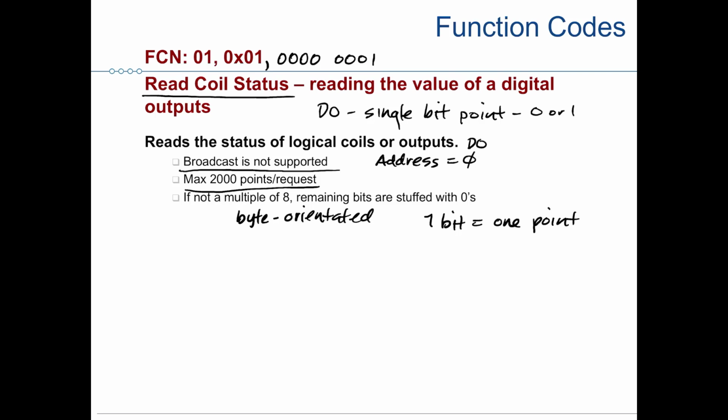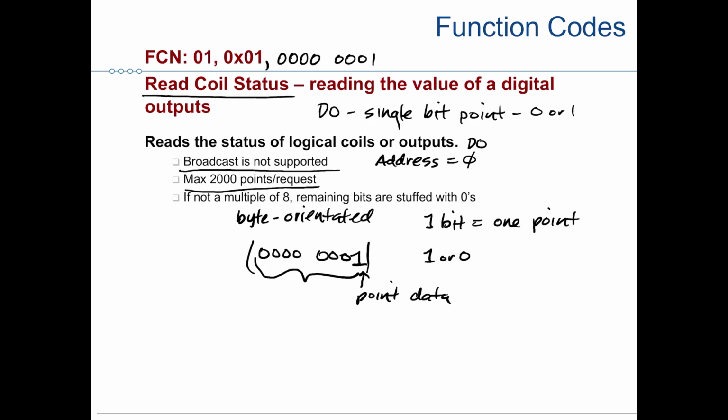If we're only asking for 1 point, we're only going to report a 0 or a 1 back in the data, but because the protocol is byte orientated, we would have to include that 1 as the point data, but we would have to fill up the whole byte with zeros up until the point data of 1, so that we could send a full byte. We can't just send a single bit. It would be out of place.